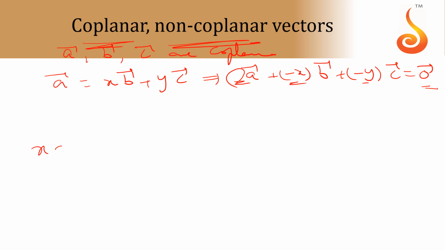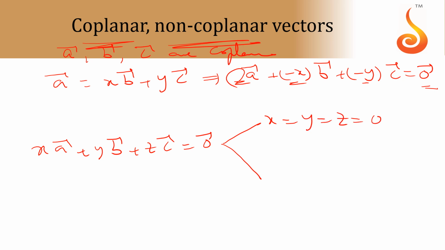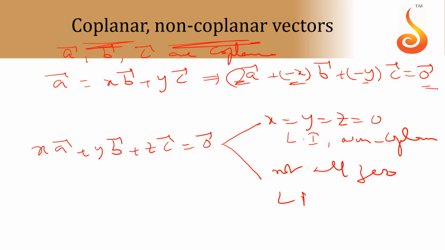So this I can store in the form of like this. Suppose the linear combination of three vectors is O bar such that x equal to y equal to z equal to 0. Then the vectors are LI and this is non-coplanar. And if not all 0, then they are LD, they are coplanar.